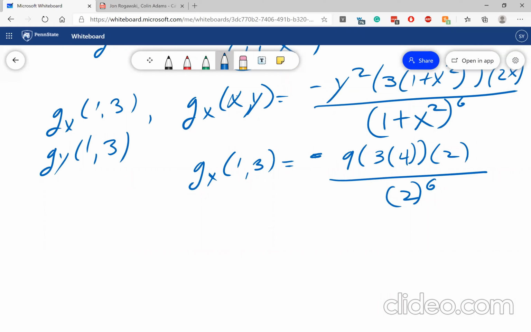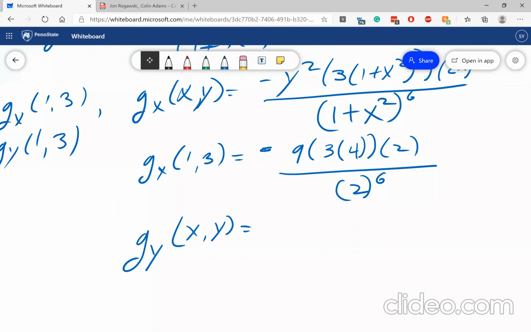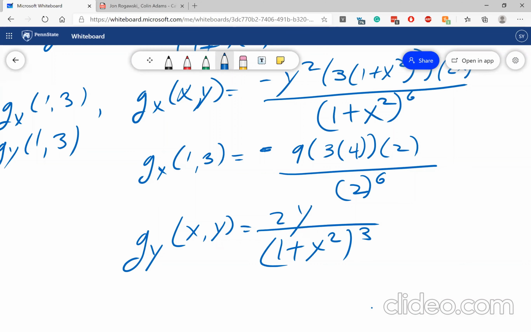Okay, now the partial of g with respect to y at (x, y) is going to be, so now we just take this derivative with respect to y, which is easy. The bottom part is just a constant, so it's going to be 2y over (1 plus x squared) cubed.